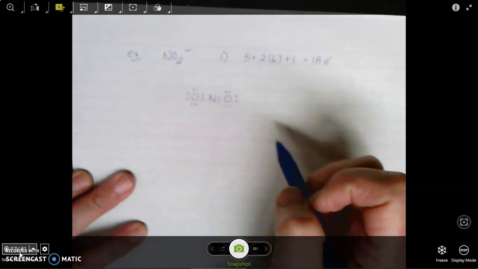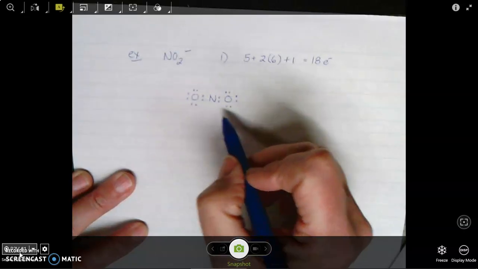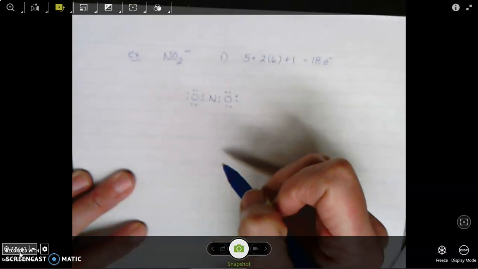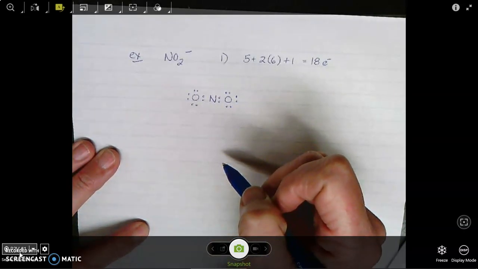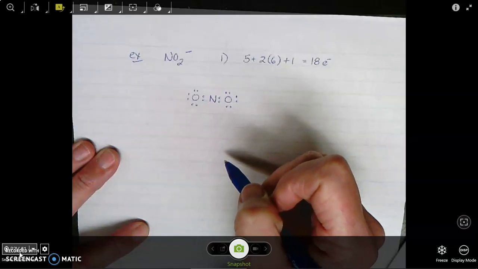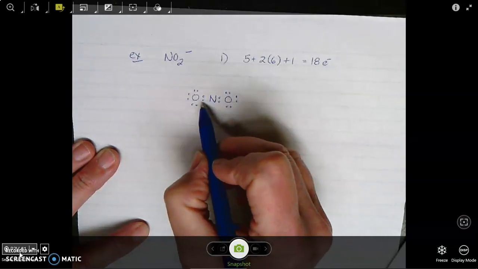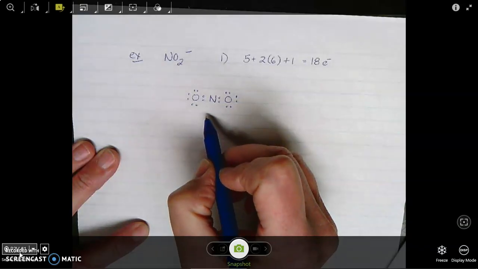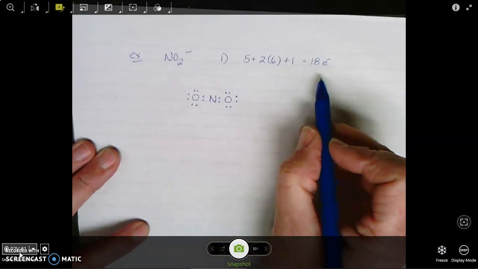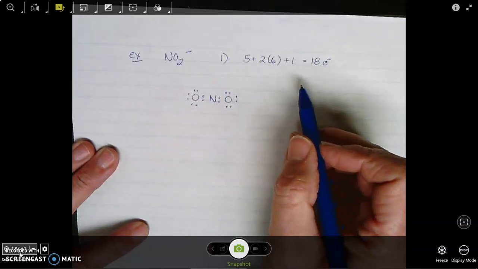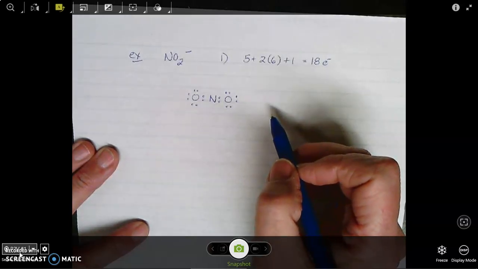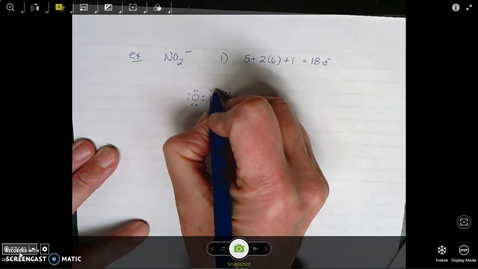Step 5 says that if I have any electrons left over, I have to dump them on the central atom. Well, this is a case where I do have some left over. I've put 16 electrons on my molecule, and I started with 18. So I have 2 that haven't been put on here yet. Those 2 will end up on the central atom. I'm going to put them on right now.